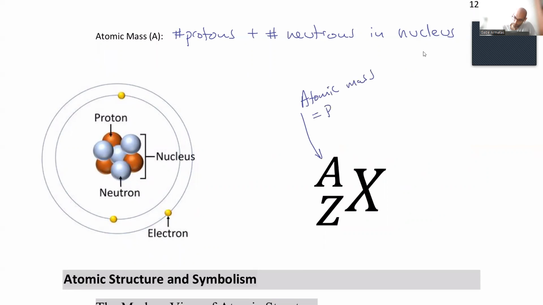Again, atomic mass is protons plus neutrons. The Z is the atomic number, which is just simply the protons in the nucleus. And then the X is going to be the chemical symbol.